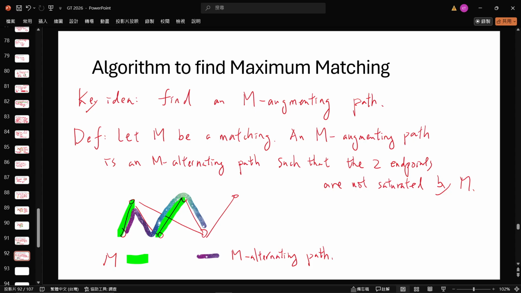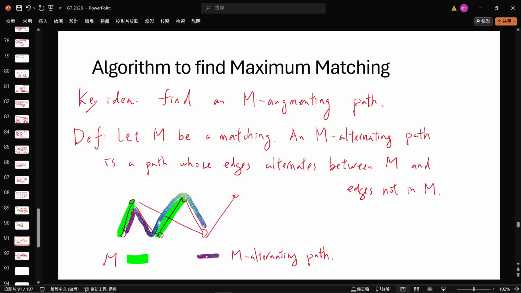So the only requirement for an alternating path is that the edges must alternate between edges in M and edges not in M. For example, you can start with an edge in M, but then the second edge must be some edge that is not in the matching M, and then the third one must be in the matching.